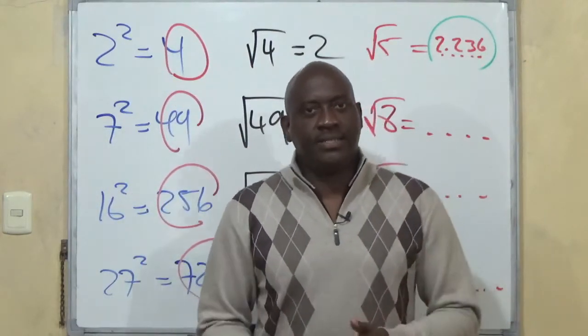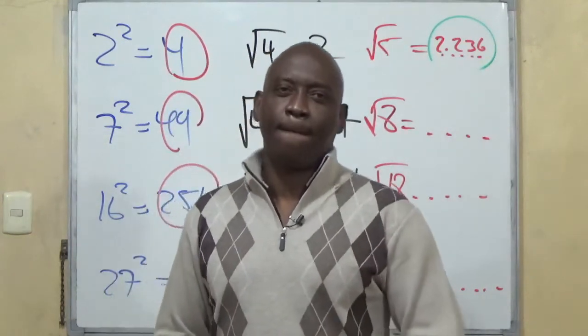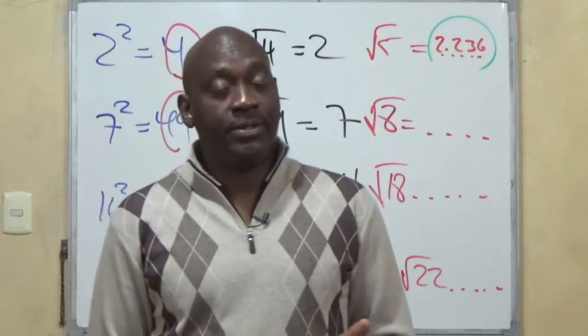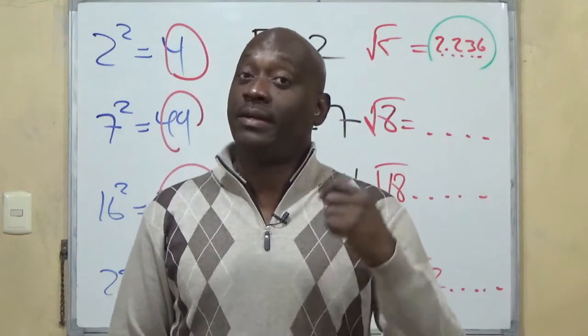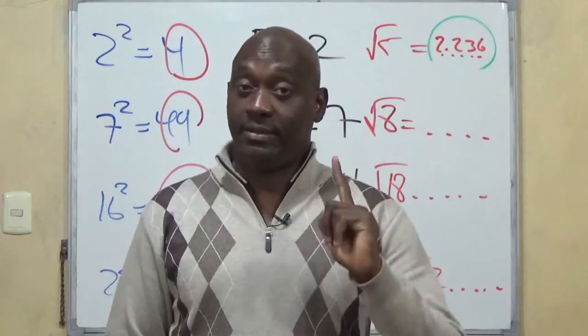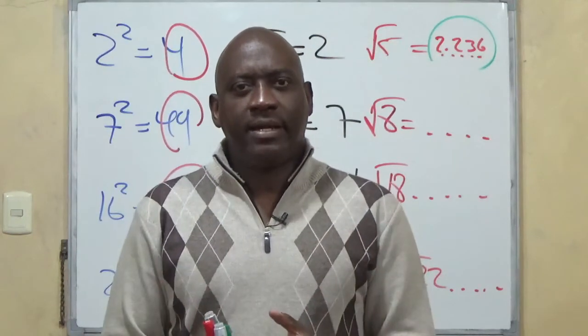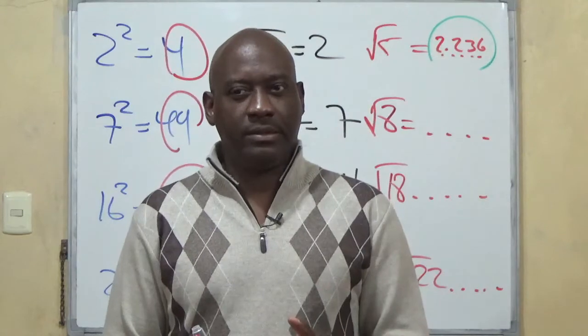So the square root of 36 is not a surd because root 36 is equal to 6. The square root of 39 is a surd because 39 is not a perfect square, etc.